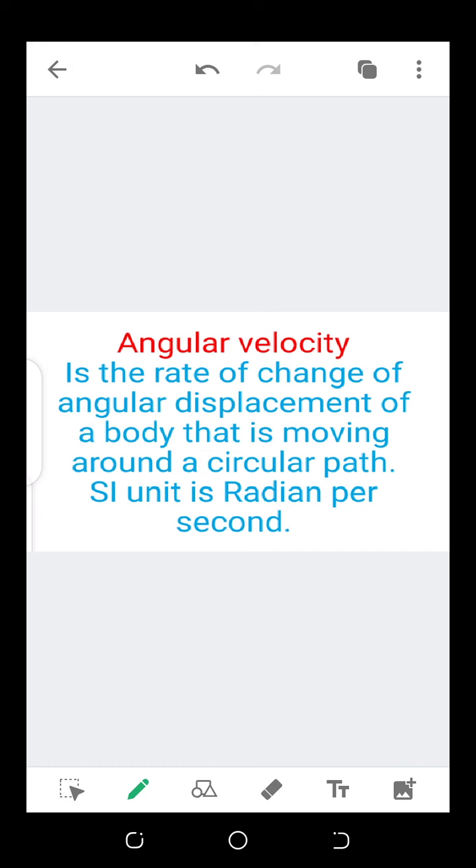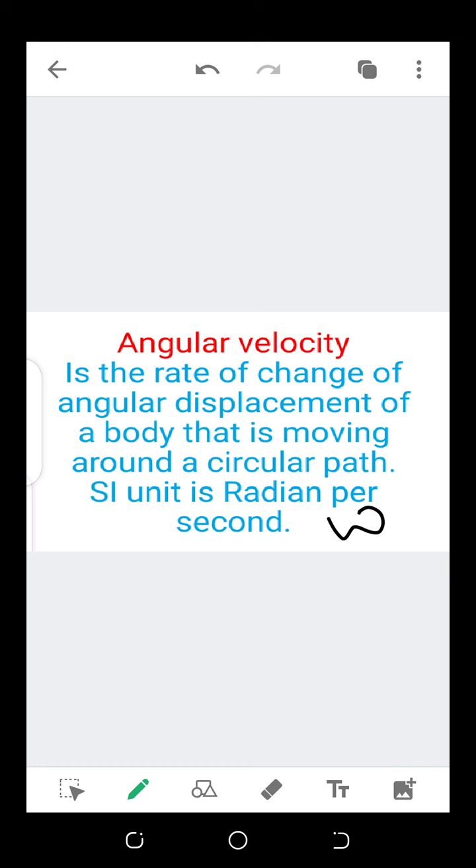You divide by change in time, and this time round, the body or the object will be moving around a circular path. We'll be representing angular velocity as omega. Let me write it somewhere here. I'll be using omega to represent angular velocity.